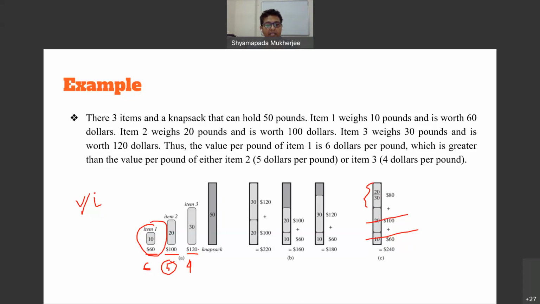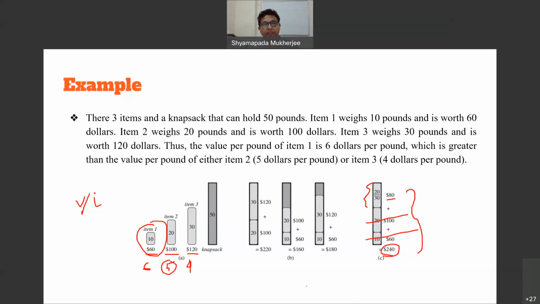Now only a part of this item can be taken, that is 20 out of 30. So the total amount the thief will gain is dollar 240. In this way we can see that the fractional knapsack problem gives an optimal solution if we use the greedy strategy.